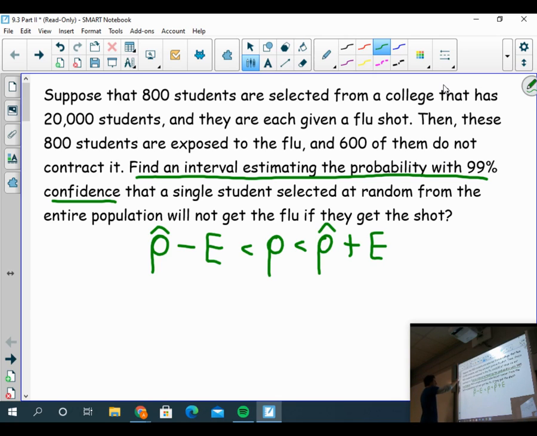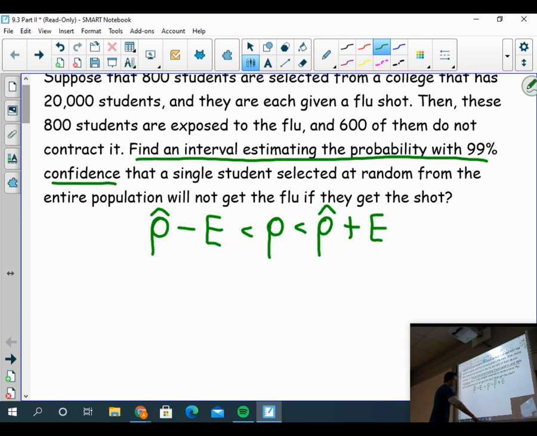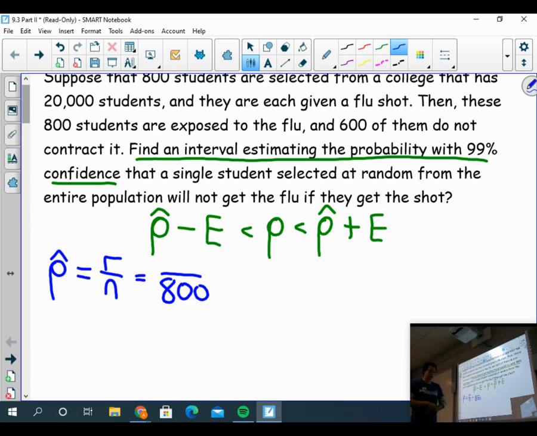Well, first things first, we got to identify P hat. And remember, P hat is calculated by taking our number of successes divided by our sample size. Well, if you look back at this example, 800 is the number of students in the sample. Again, we're using the sample probability to estimate this for the 20,000, our population. And what is our number of successes? Now, before we determine this, we have to first figure out what is a success.